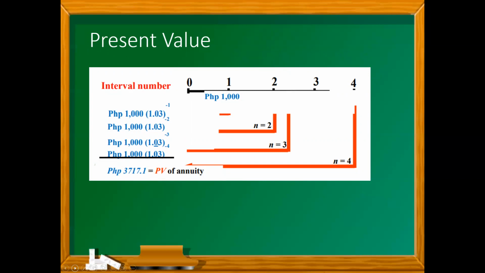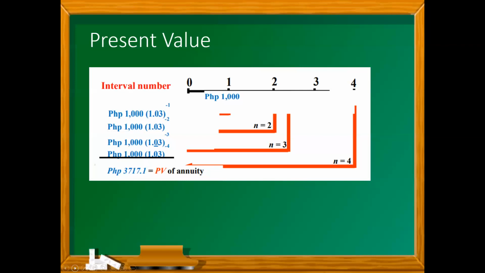Now, to obtain the total discounted value, we need to take the present value of each future payment, as we did in the figure here, so we'll be working backwards in comparison to the future value.